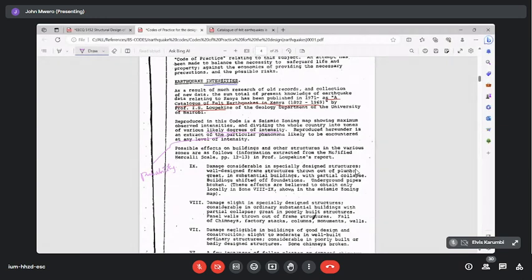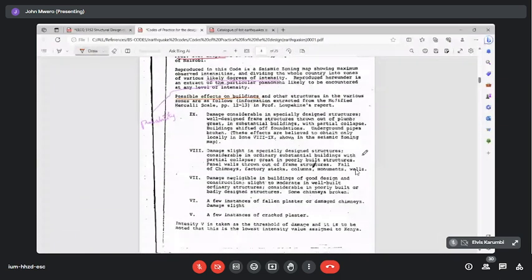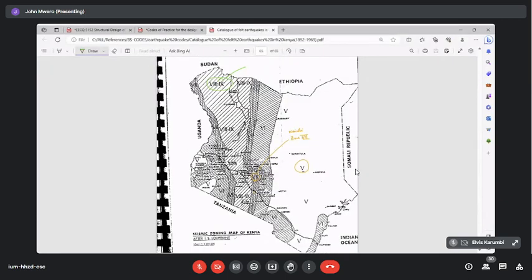Possible effects on buildings, which I've just highlighted to you as the basis for this categorization. Various zones are as follows. Again, if you can remember, shortly before we were looking at this categorization that was pulled from this standard.